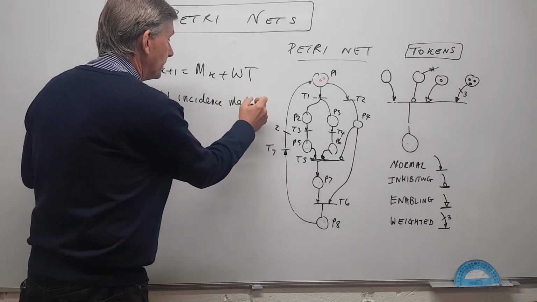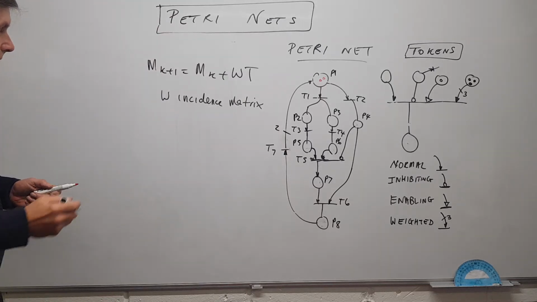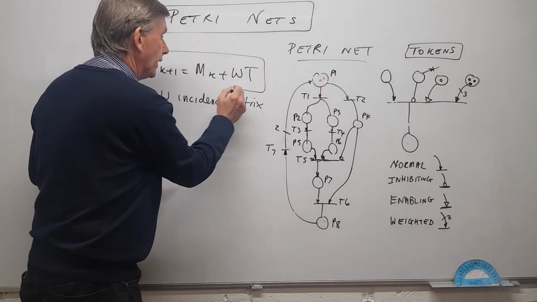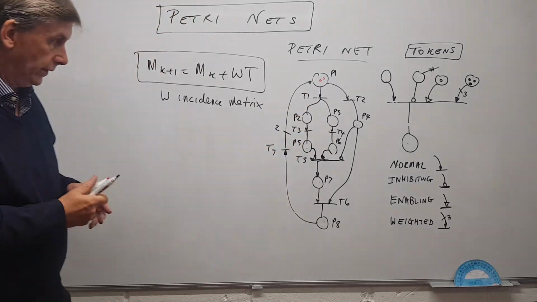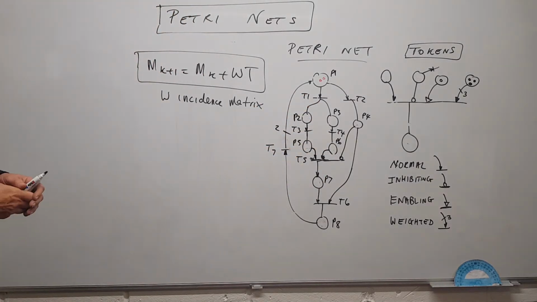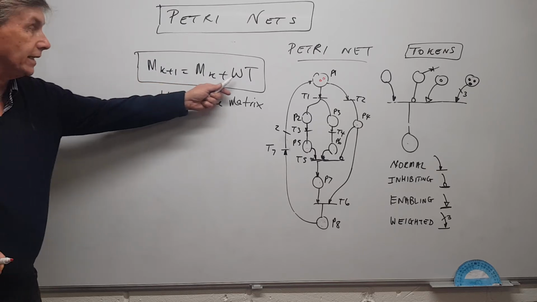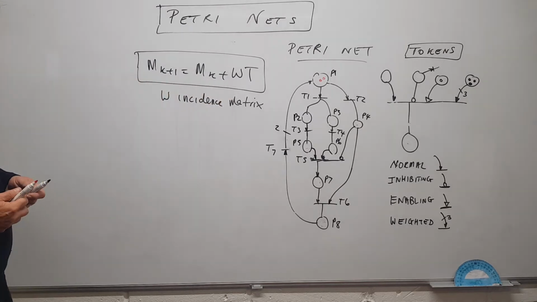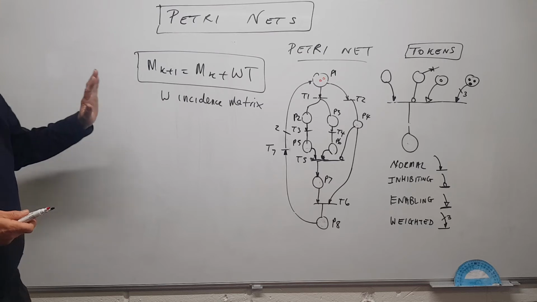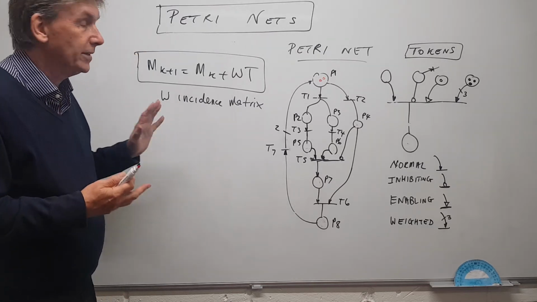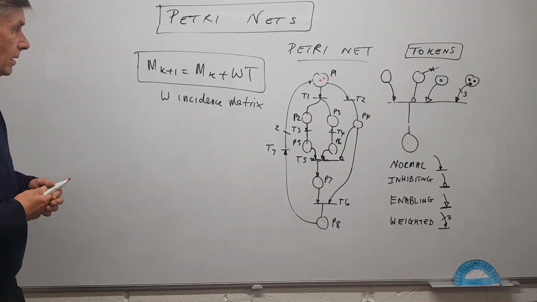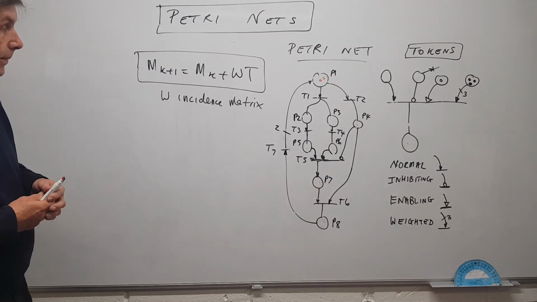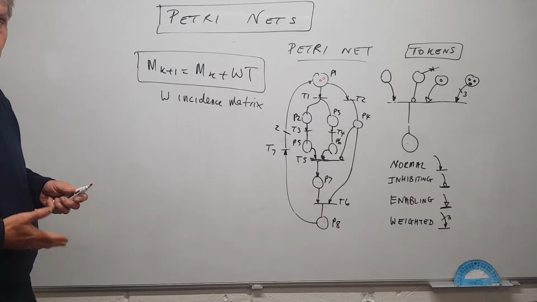Now this is an extra powerful feature of Petri nets, that we now have an equation to describe the behaviour of the Petri net. And because we've got an equation, we can apply mathematics to this to come up with different designs. State diagrams and graphs can't be easily represented by an equation, but the Petri net can.